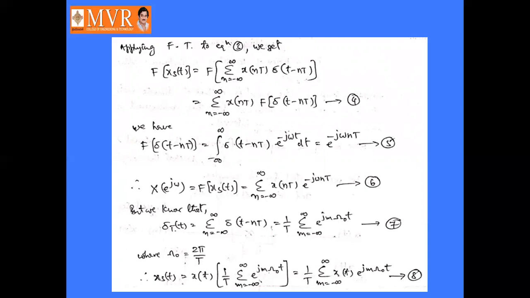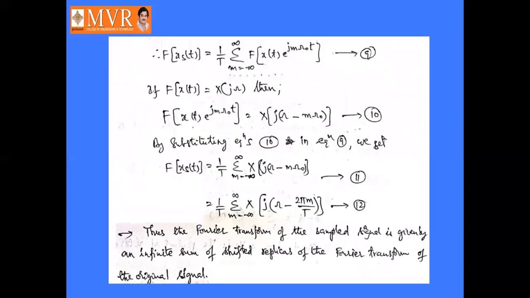Now xs(t) is equal to x(t) multiplied by δT(t), that is 1/T Σ from m = -∞ to ∞ of x(t) e^(jmω0t). That is equation number 8.